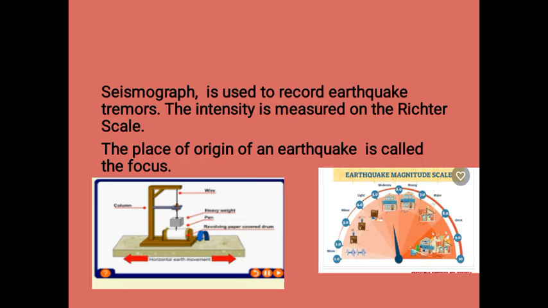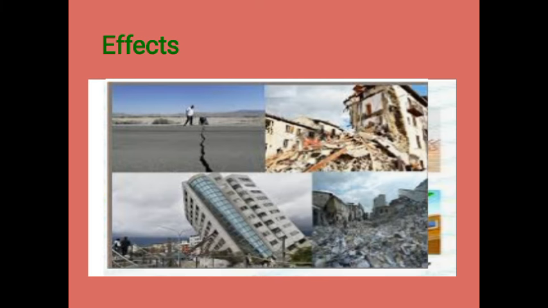The effect of an earthquake is maximum near its epicenter, near the place of origin. Earthquakes are very destructive. They cause great loss of life and property, like houses and all.